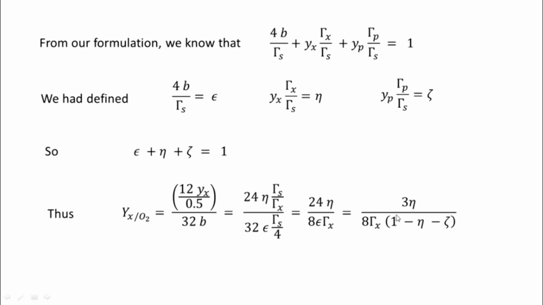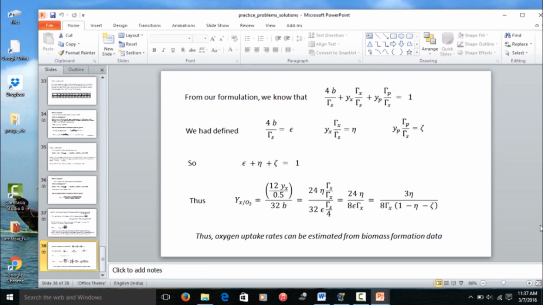Therefore, epsilon has been written as 1 minus eta minus xi. The 8 is superfluous here, so let's get rid of the 8. 8 goes in 24 3 times, so 3 eta divided by gamma X times 1 minus eta minus xi.